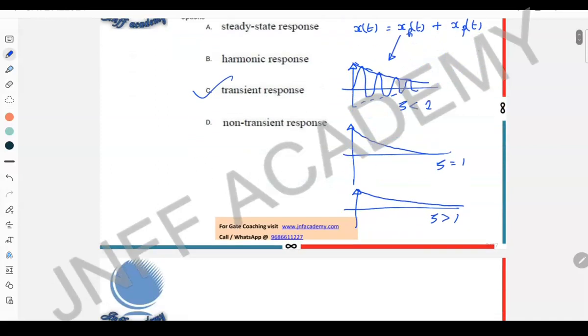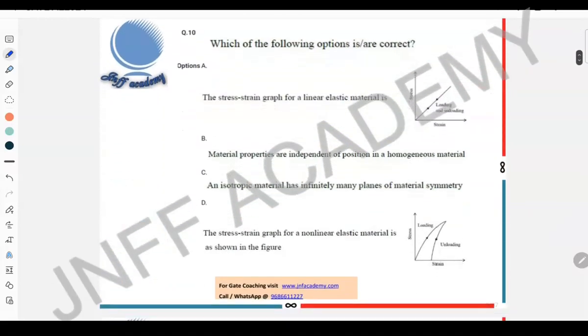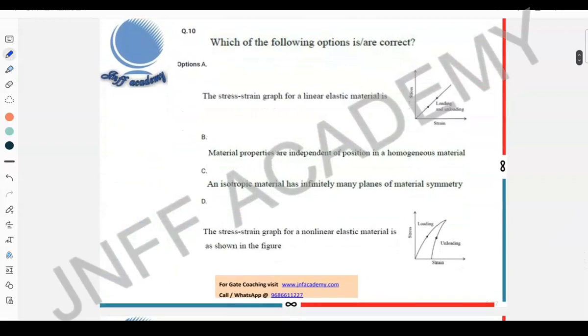Let's move to the next question. Which of the following options is correct? Option A. Stress strain graph for a linear elastic material. Here they gave one graphical representation. If you look at this graph, the variation of stress versus strain looks like a linear line.